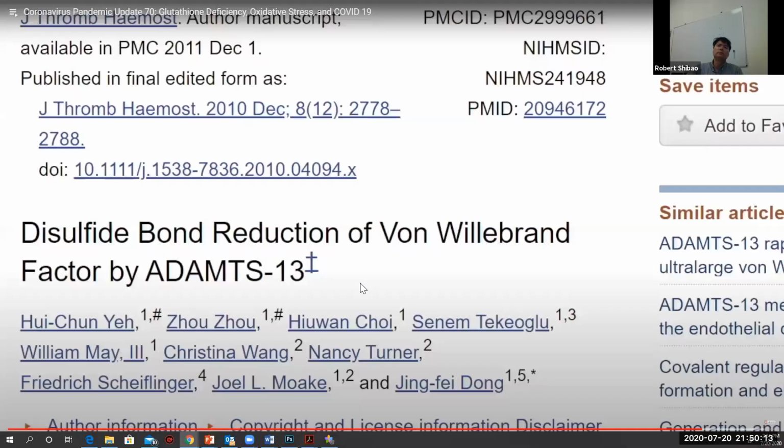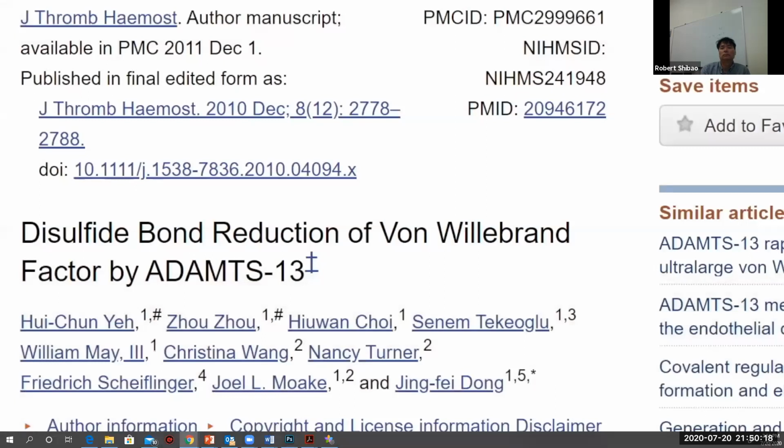It's just oxidative stress, because the clots that they're pulling out of people with COVID-19, they're finding are very rich in platelets. And that means that there is also the issue of von Willebrand factor. These von Willebrand factors are connected to each other by these disulfide bonds.